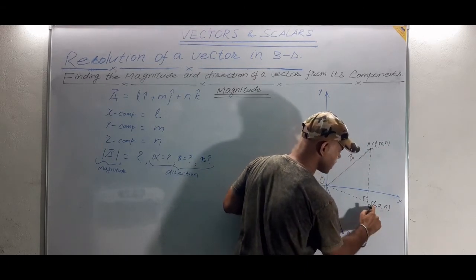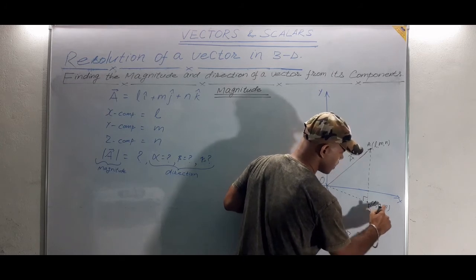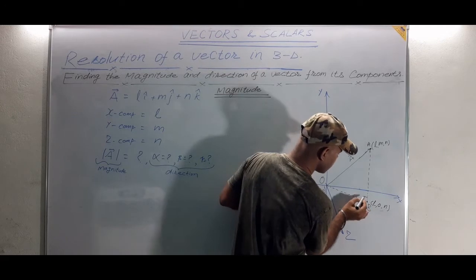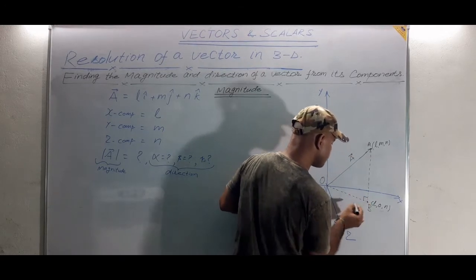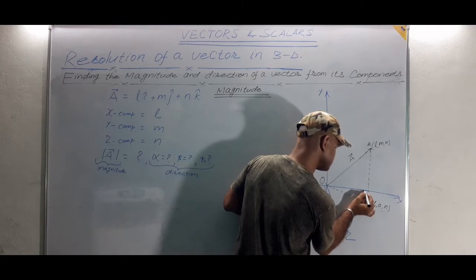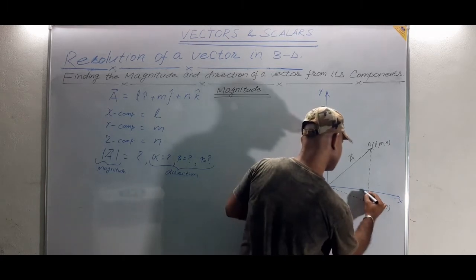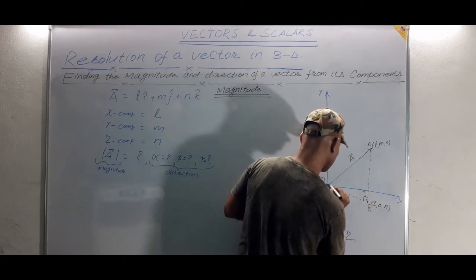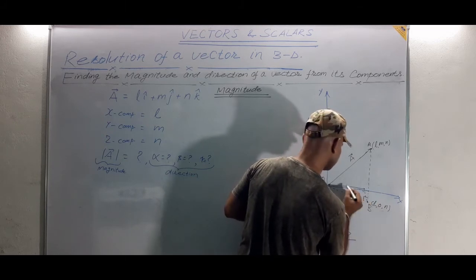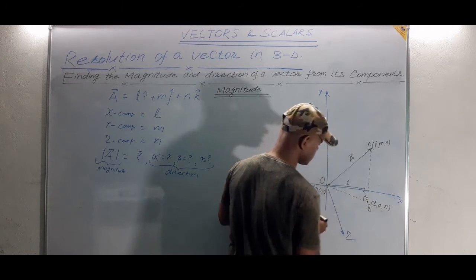X coordinate is L, y coordinate is 0 and z coordinate is N. It means if I drop a perpendicular from this point on x-axis, are you getting it? This will be equal to the x coordinate, which means L, right?